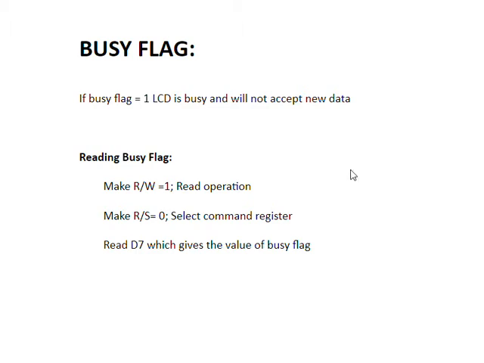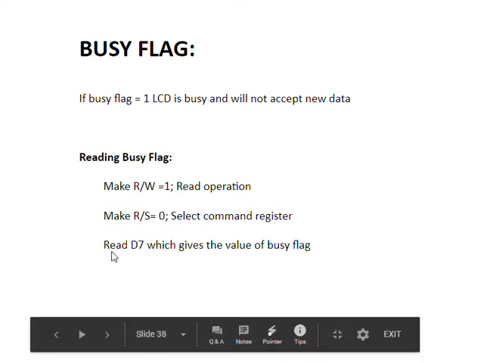To read the busy flag, we should follow the following steps. This is a read operation, so the read write pin must be made equal to 1. Then the command register should be selected. For that, RS pin should be made equal to 0. And then the busy flag is the D7th bit.